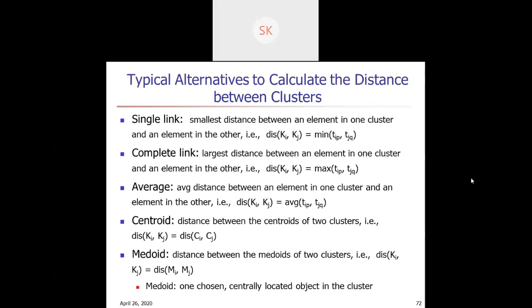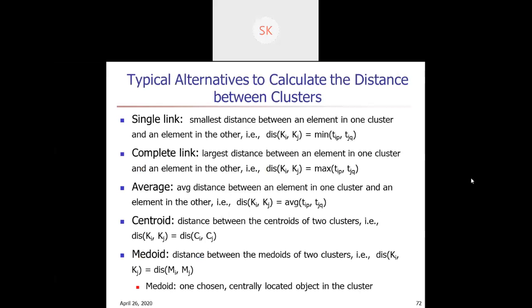Now, if you remember, we took one session on this, the computation of the distance between clusters. One example was taken, and all the methods we have already calculated, so I will go through this not in that much detail.